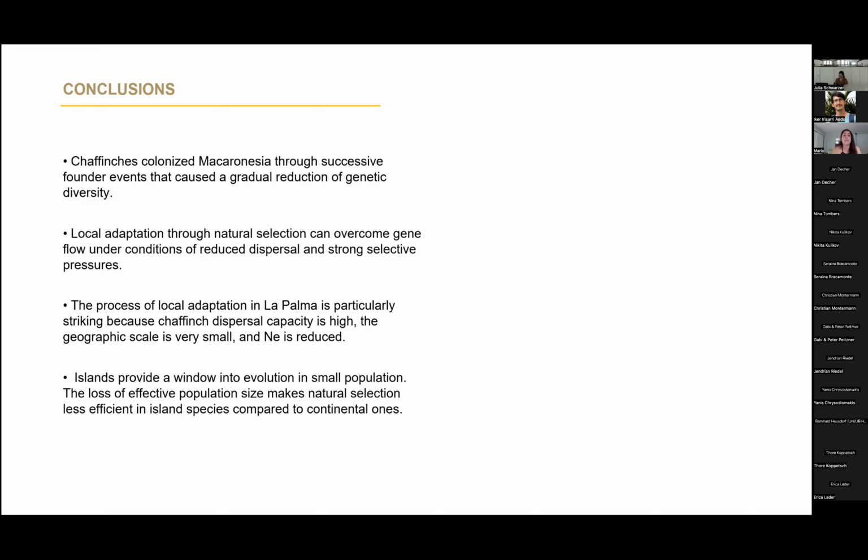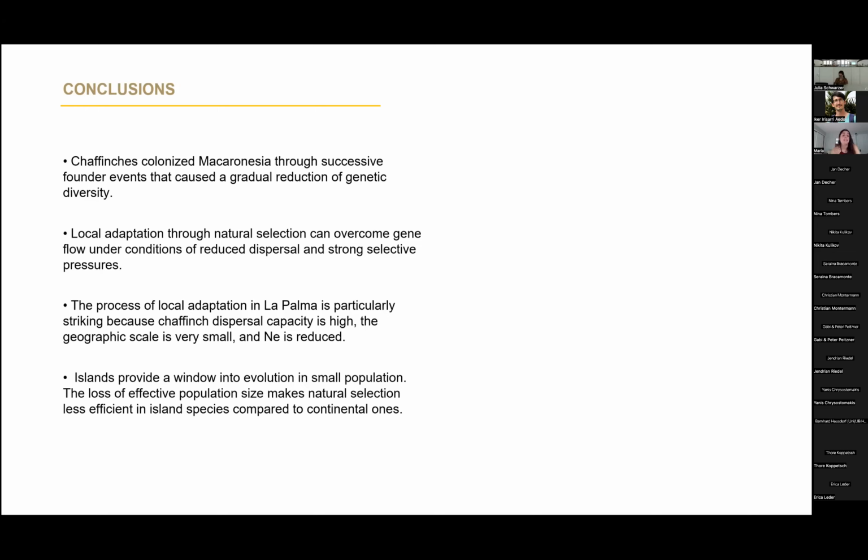So this process of local adaptation in the island of La Palma is particularly striking because the common chaffinch dispersal capacity is high and the geographical scale is very small. And as we see from these subsequent founder events, the effective population size and genetic diversity is really reduced.